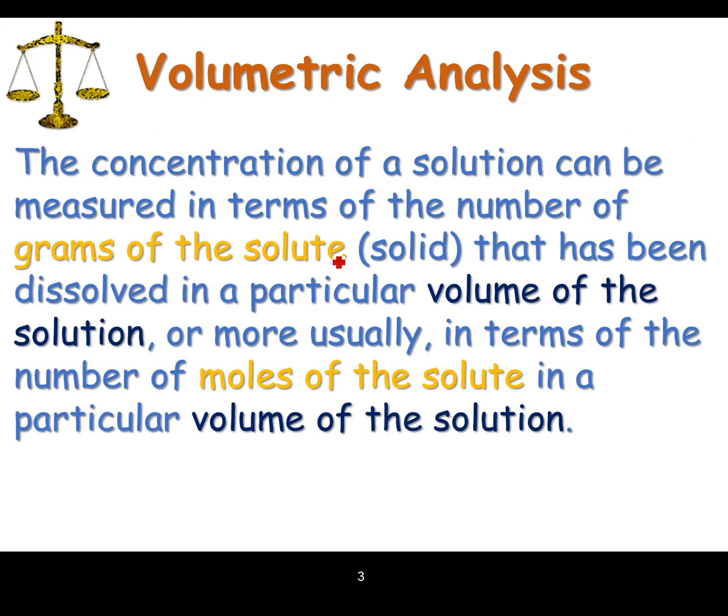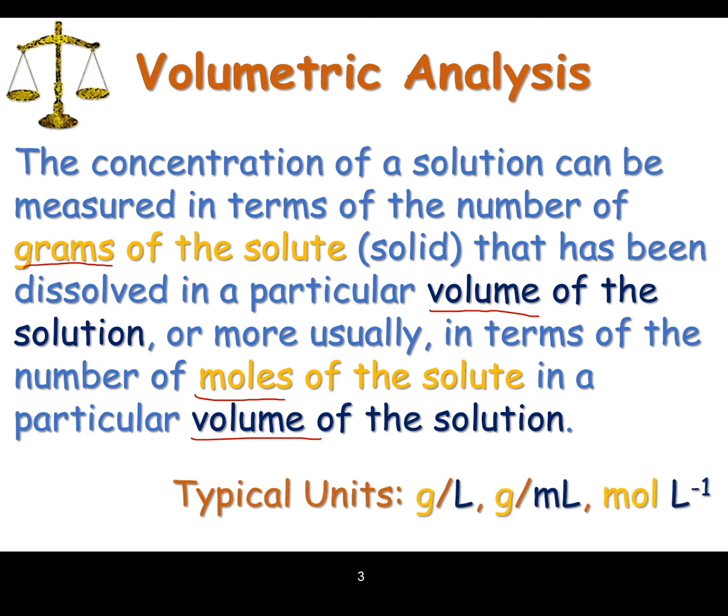We can express the concentration of a solution, and concentration basically means how much of the solute is present in relative terms. Do you have a high concentration or a low concentration relative to something else? There are two common ways of presenting this: grams per some volume of solution, or moles per some volume of solution.